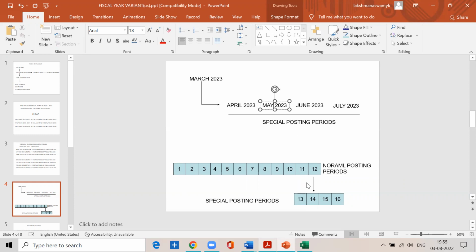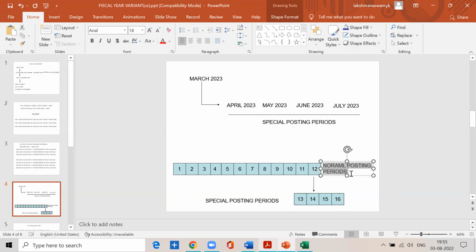May 2023 is called 14th posting period. June 2023 is called 15th posting period. And July 2023 is called 16th posting period. Here, the posting periods 13, 14, 15, 16 are called special posting periods.